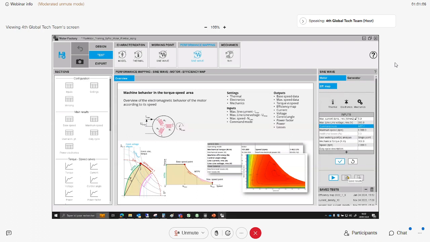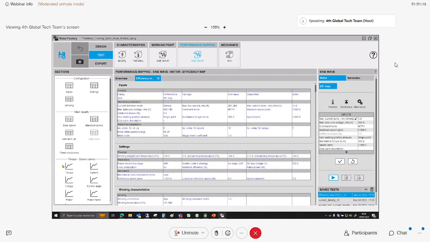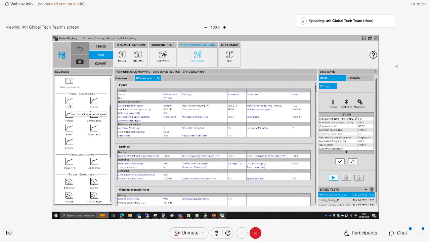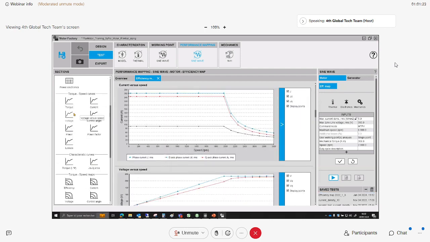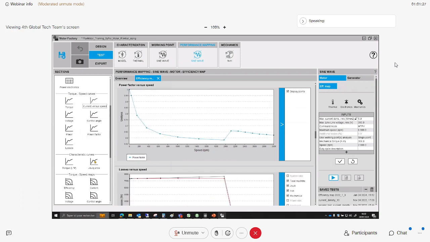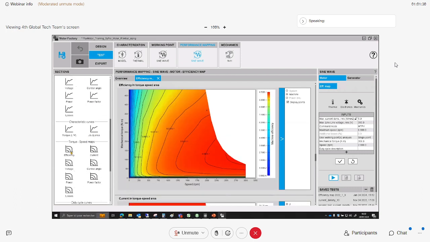I'm going to choose the maximum torque per voltage, and then launch the computation. Once you launch the computation, you will have the results: the envelope, the torque, current, and so on, and the efficiency.